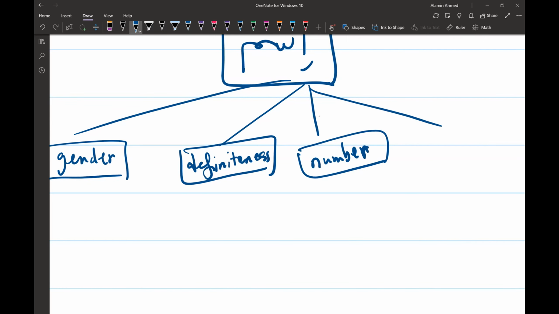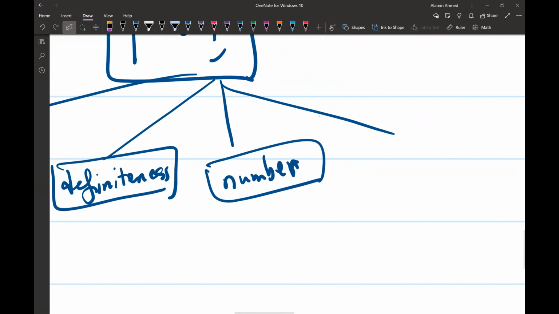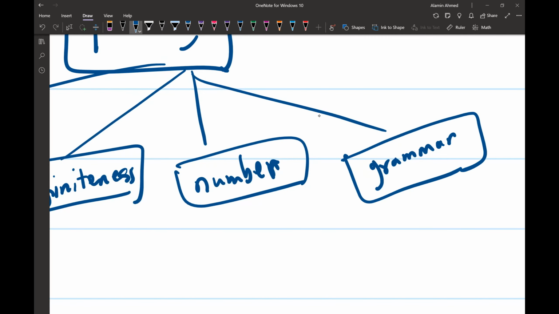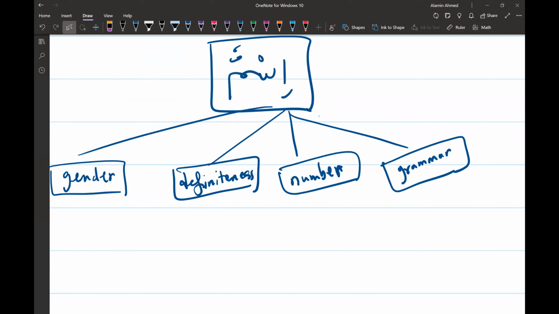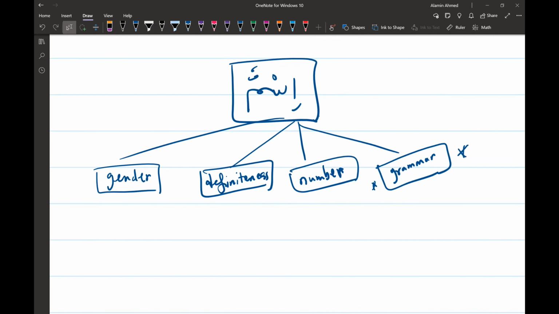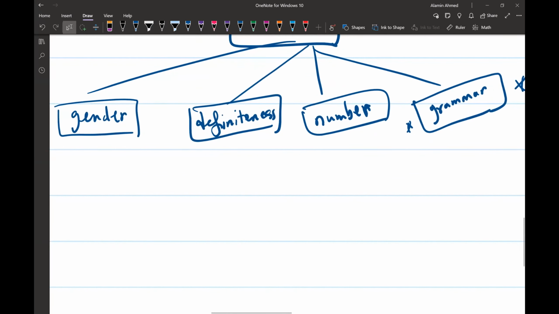Inshallah, we'll talk about the numbers. So you see, one word is telling us way too much information. And what else? You think it's done? No, it's not done. It will also tell you its grammar state. Right now I'm using very loose terms. Inshallah, when we talk in more detail about each one of them, I'll use more proper terms.